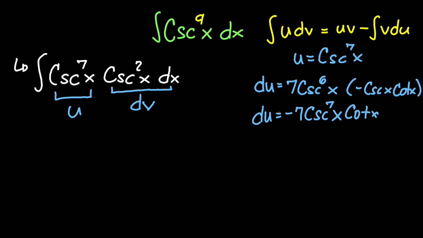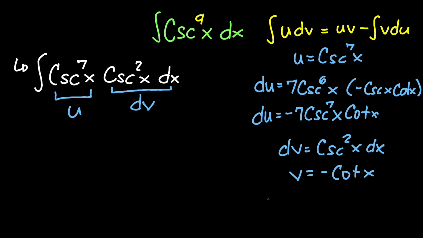And for dv, what we need here would be the v. And for this one, in order to get the v value, it would be the opposite of derivative, which is integration. Taking the integral of cosecant squared of x, it would actually be equal to negative cotangent of x.